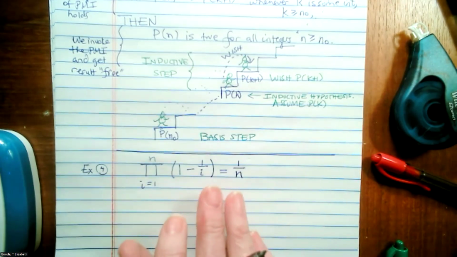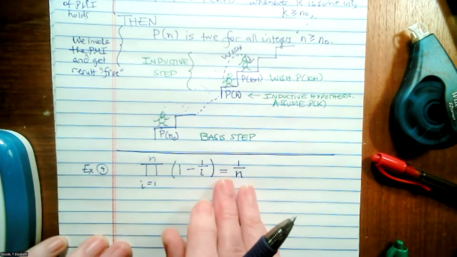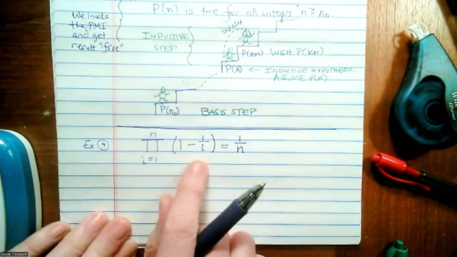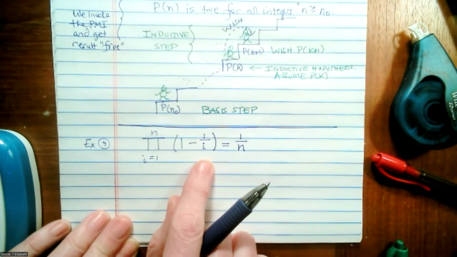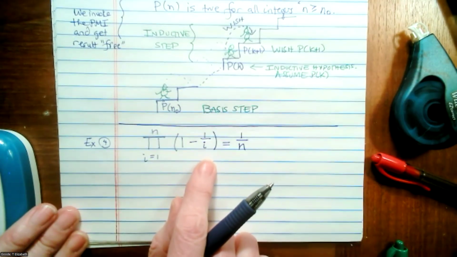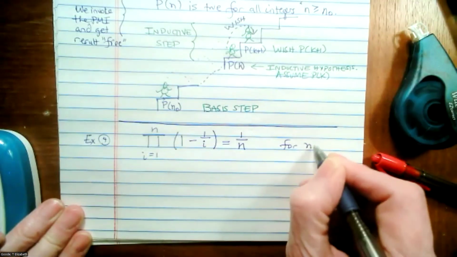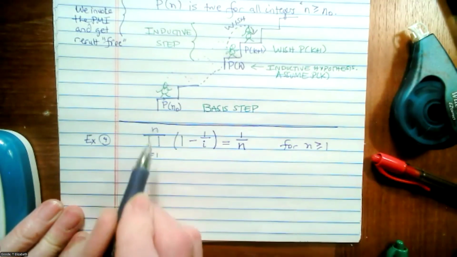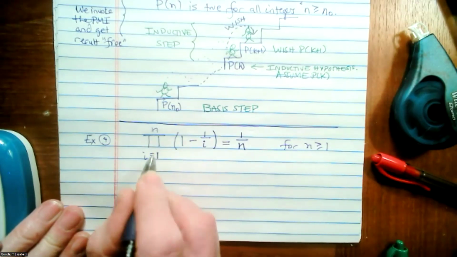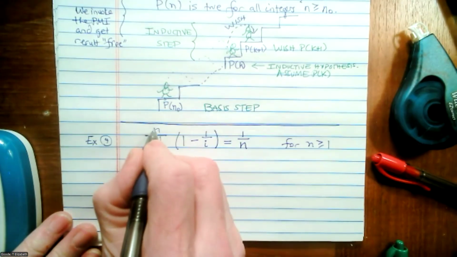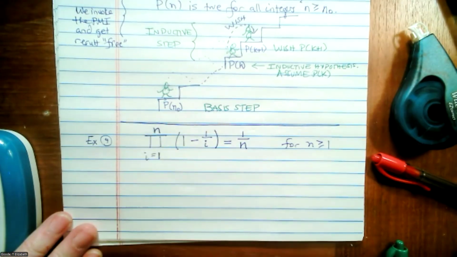In fact, let's just make sure we even understand what this says, because a lot of times when we're writing product notation, I think students might get a little bit lost about what that really means. We're going to prove it for n greater than or equal to 1, because that would be the smallest n that would make sense, because the lower limit of the product is 1. We can't have the upper limit be smaller than the lower limit.